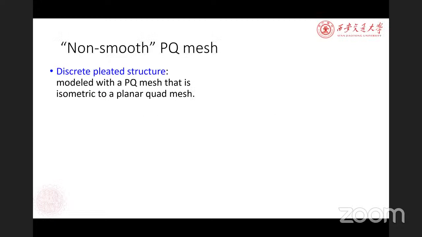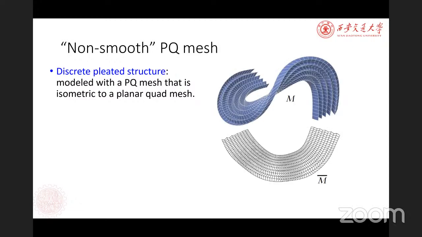In the discrete case, a discrete pleated structure is modeled as a PQ mesh. This PQ mesh should be isometric to a planar quad mesh. This means that the sum of the angles for the mesh at each vertex should be 2 pi. This is the developability constraint.